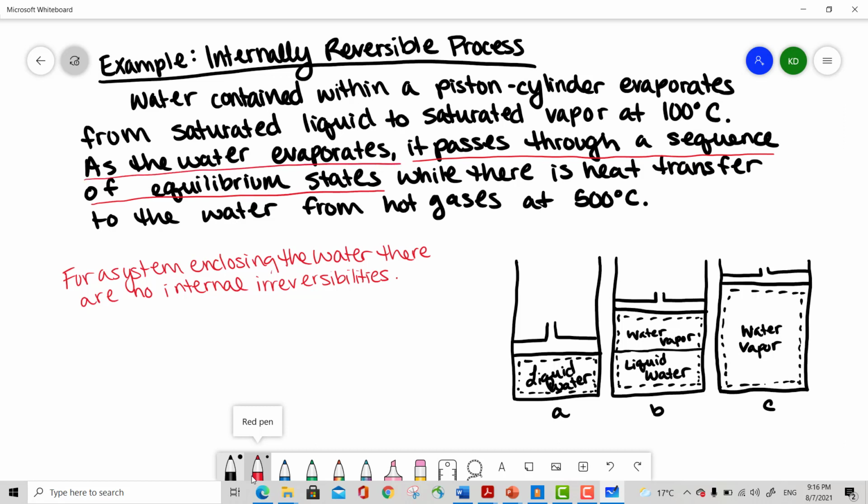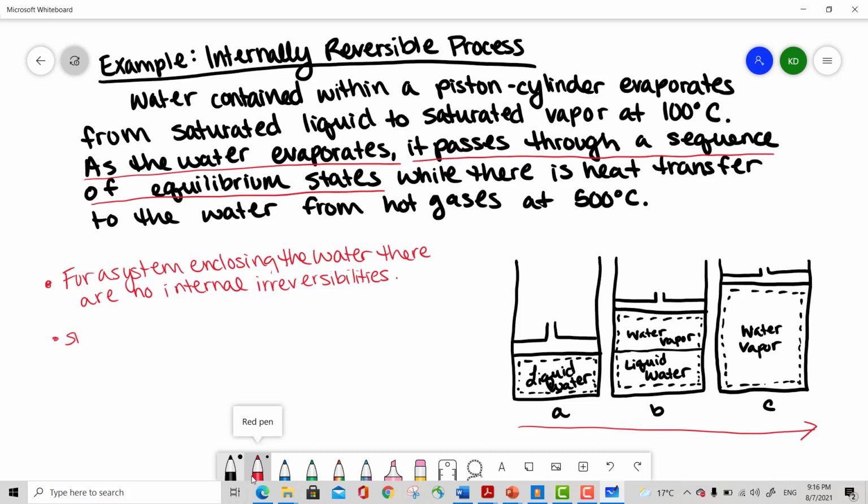So for a system enclosing the water, there are no internal irreversibilities, because again, we concluded that an internally reversible process is a quasi-equilibrium process.